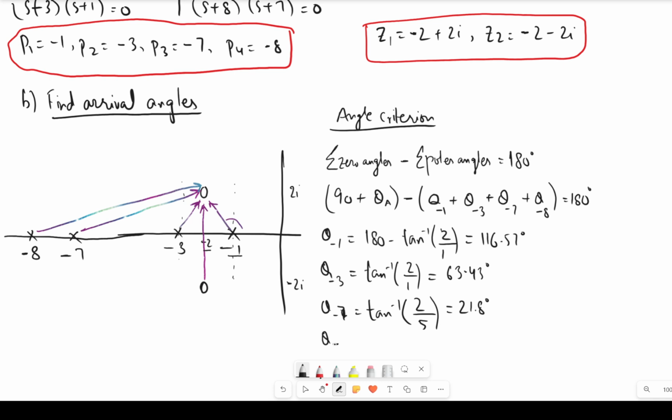And then theta -8 is equal to tan inverse, the height is again 2 and the x is the distance between 8 and 2, so it is 6, which is equal to 18.43 degrees. Now I can put all these values in this equation to get theta A.